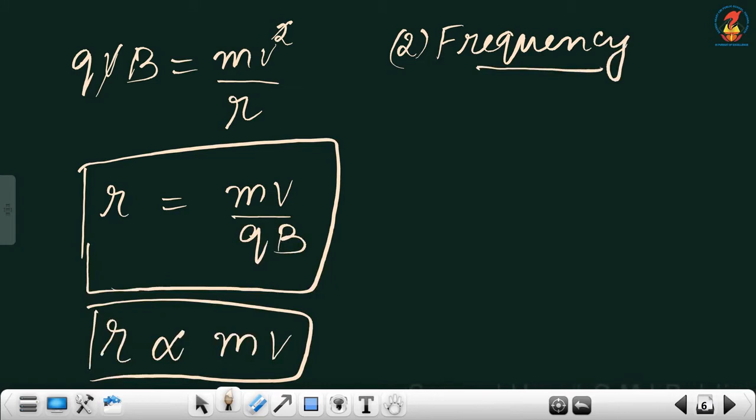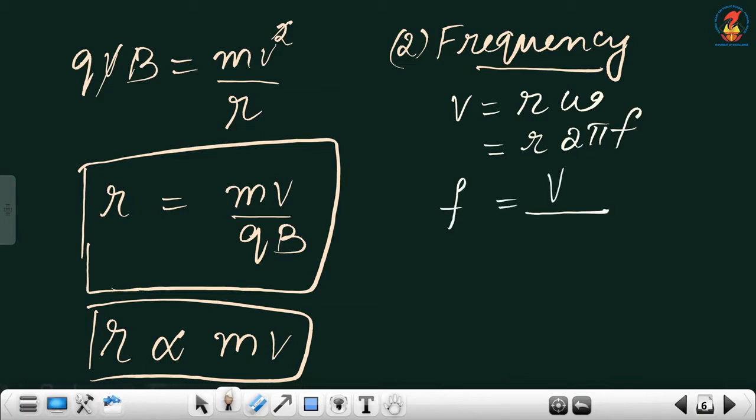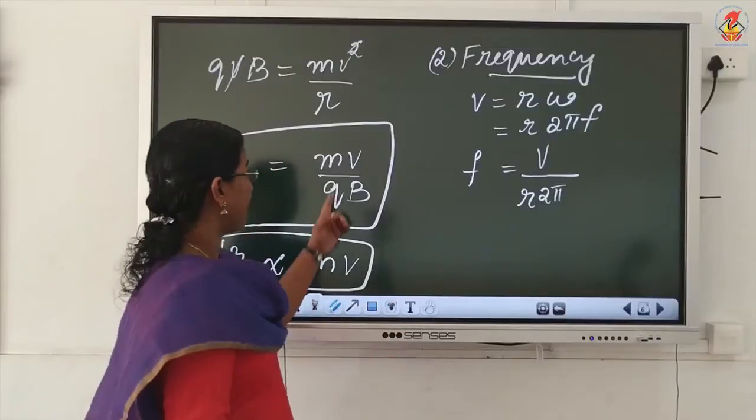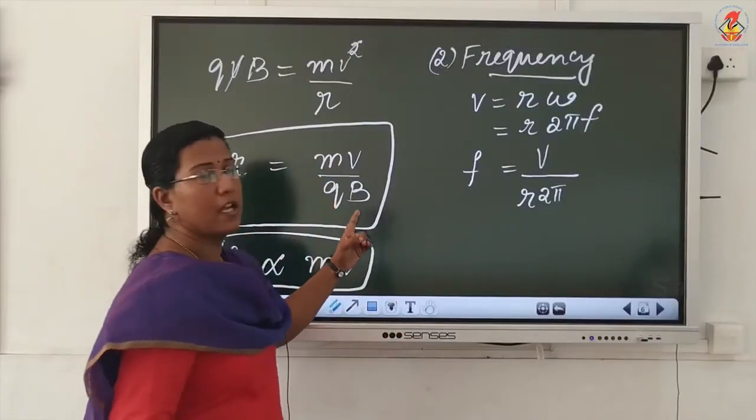We have studied the expression last year. v is equal to R omega, or v is equal to R into, instead of omega we can write 2 pi f. On rearranging we get frequency f is equal to v divided by R into 2 pi. Now we know the value of R, the radius of our circular path. It is equal to mv divided by qB.